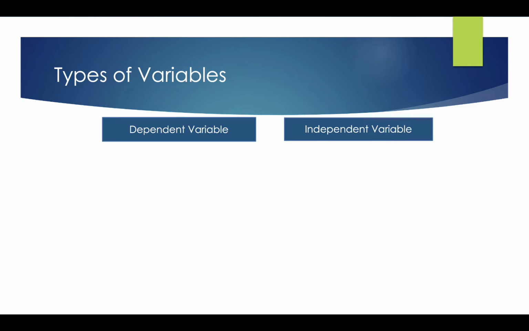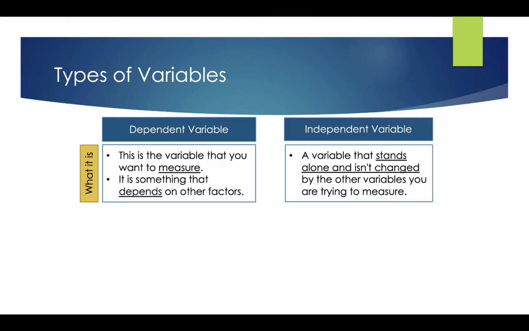All right, so if you recall from the last modules, we spent a lot of time on variables, and I want to refresh you. What is a variable? So we have two types of variables. The dependent variable, which as you remember is what you're trying to measure, the outcome, the end result.